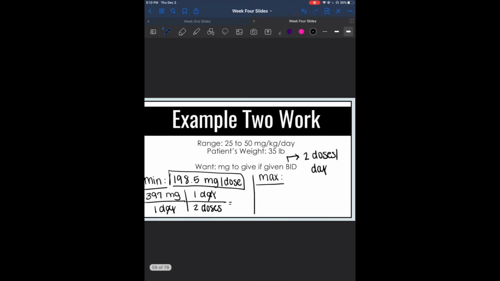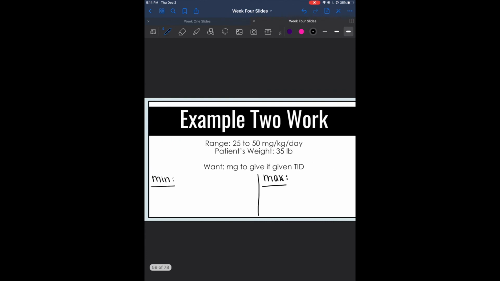We're just going to change our number here. And we end up with a maximum of 397.8 milligrams per dose.